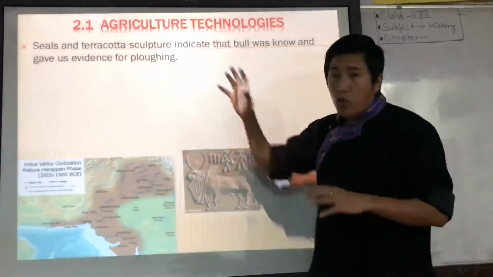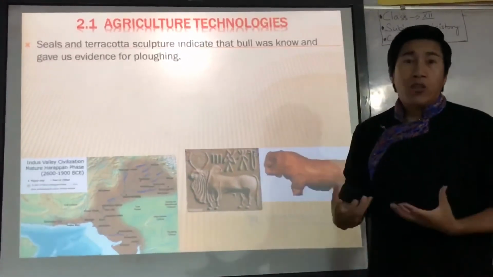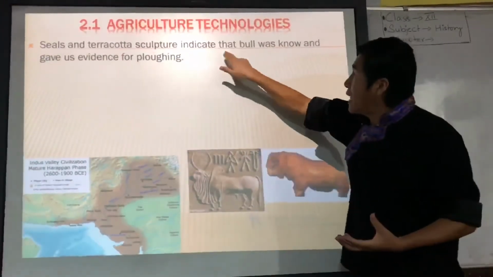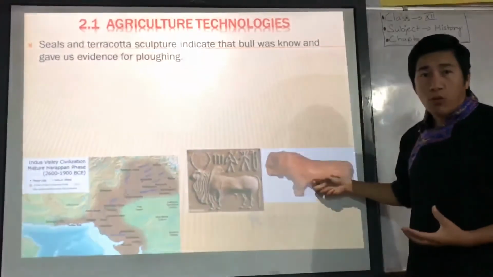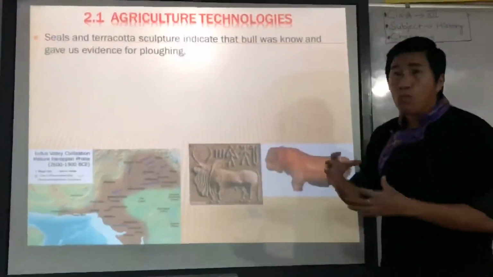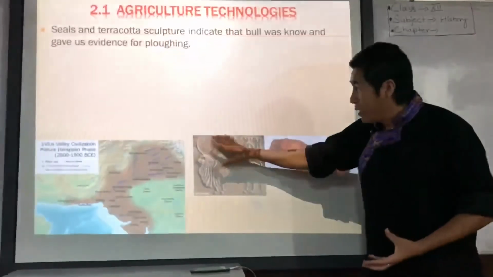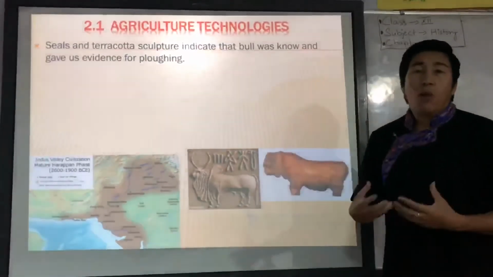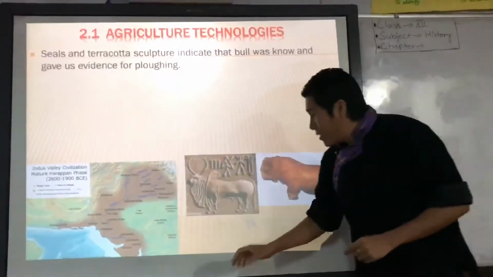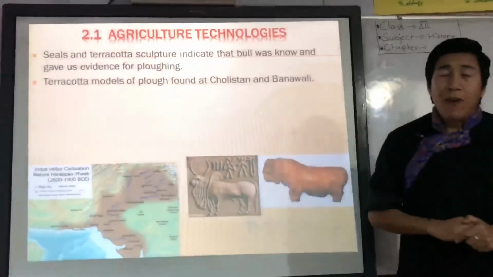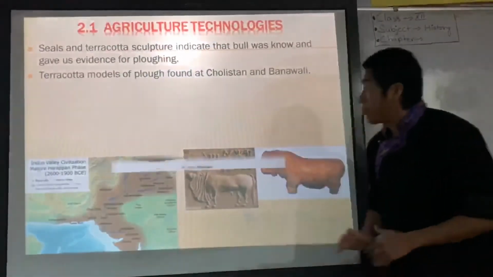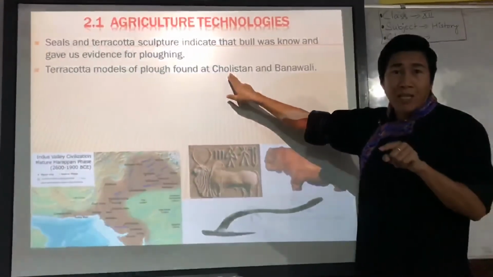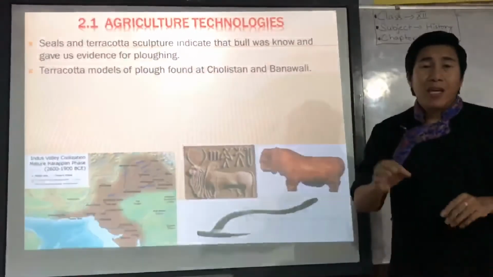So how do archaeologists know about agriculture practice? They found seals and terracotta sculptures that indicate the bull was known. They know of a terracotta model of a bull, and we also found a motif of an ox or bull on a seal. So archaeologists assume that these animals were used for plowing the field. That's the first thing. Second, they found a terracotta model of a plow in Cholistan, present-day Pakistan, and Banawali in present-day Haryana.